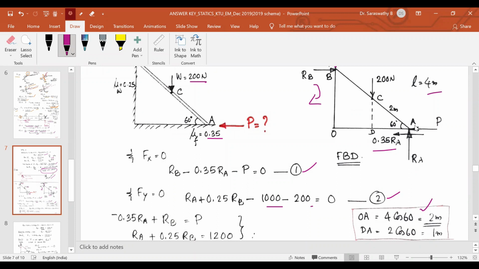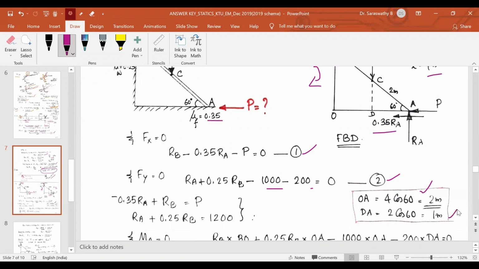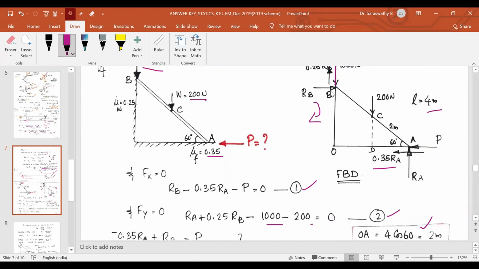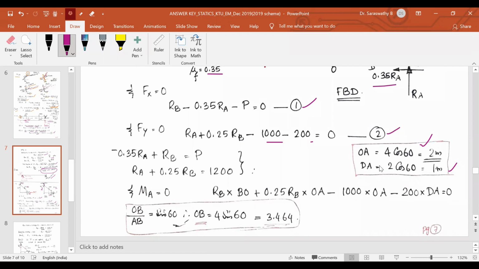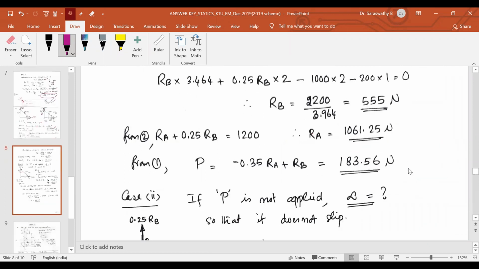AD by AC, or AD by 2, is equal to cos 60, or AD is equal to 2 cos 60. Now, for OB, sin 60 is equal to OB by 4. So, OB is equal to 4 sin 60. All these distances I have got.